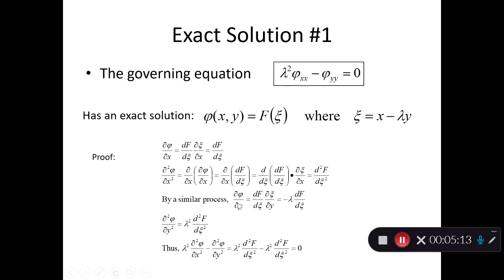By a very similar process, d phi dy and d squared phi dy squared may be computed. So when you plug in this expression for d squared phi dy squared here, and then this expression lambda squared times this expression here, we notice that they cancel, so the governing equation is indeed satisfied. Therefore, this is a pretty good solution.